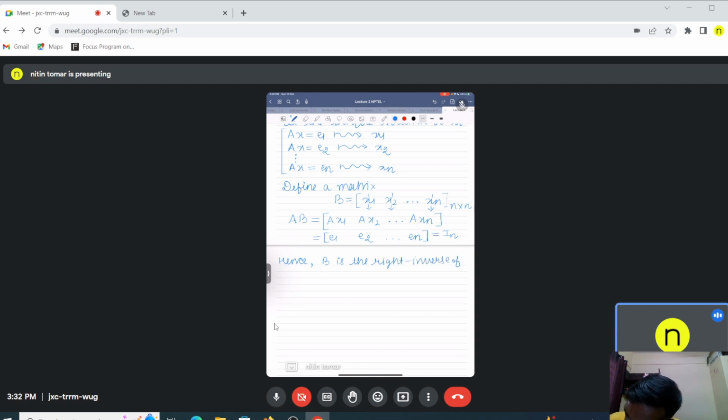Can you find the left inverse also? Yes, sir. How? Similarly, x is equal to E1, x is equal to E2. Do you know this?